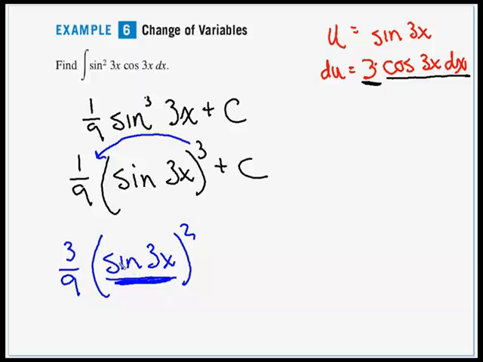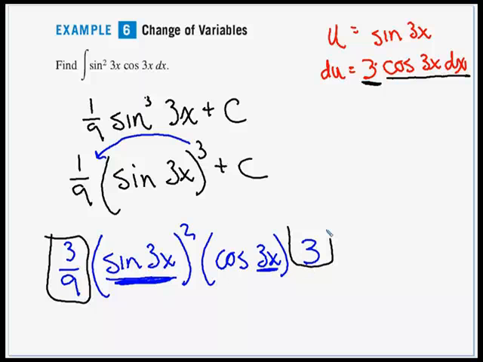The derivative of sine is cosine of the same 3x. And then we have yet another inner function. The derivative of the inner function here is going to be another 3. So, just our constants, 3/9 times 3 over 1 becomes 9/9, or just 1, and then we have sine squared of 3x times the cos of 3x. We got it.